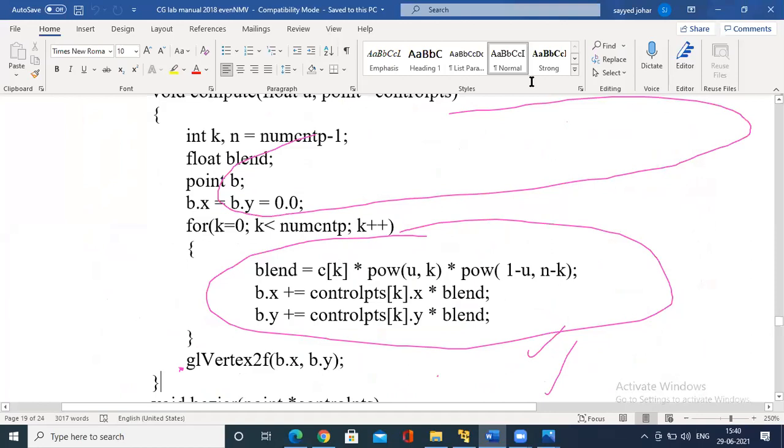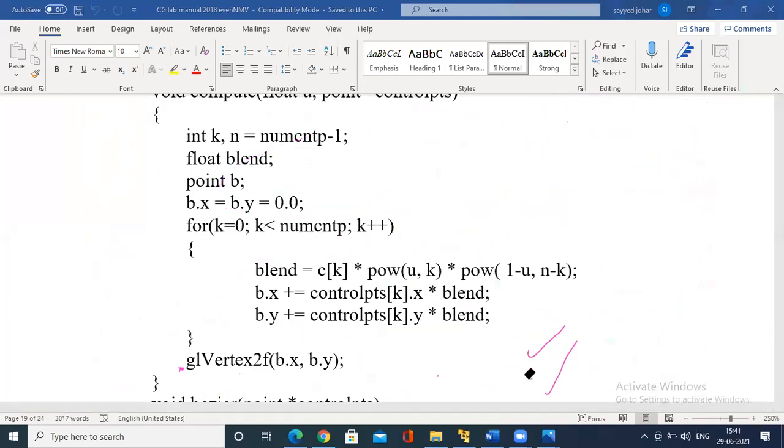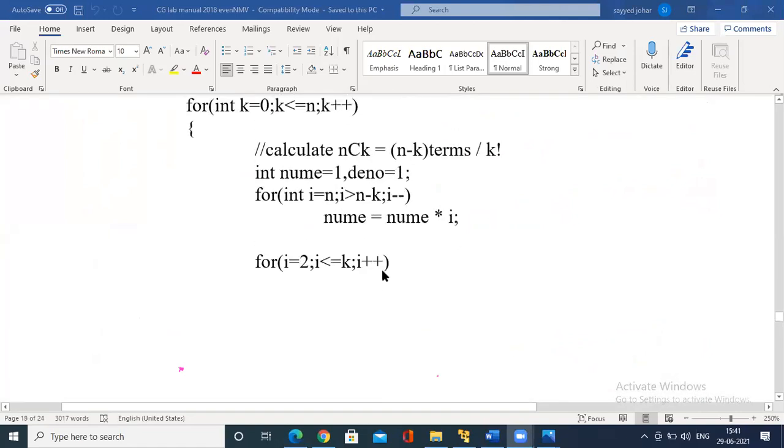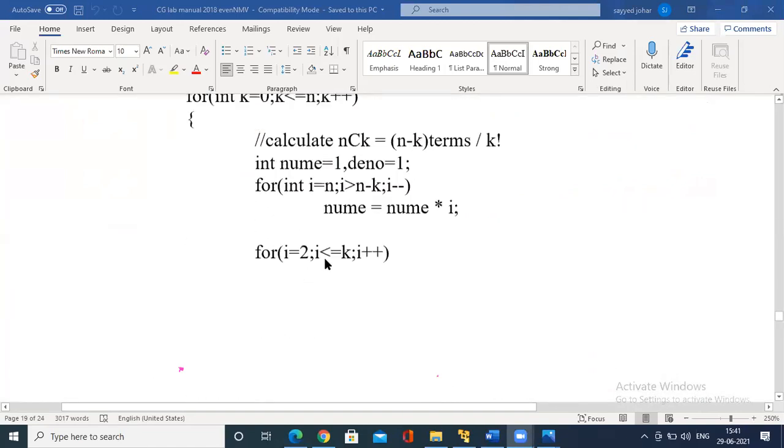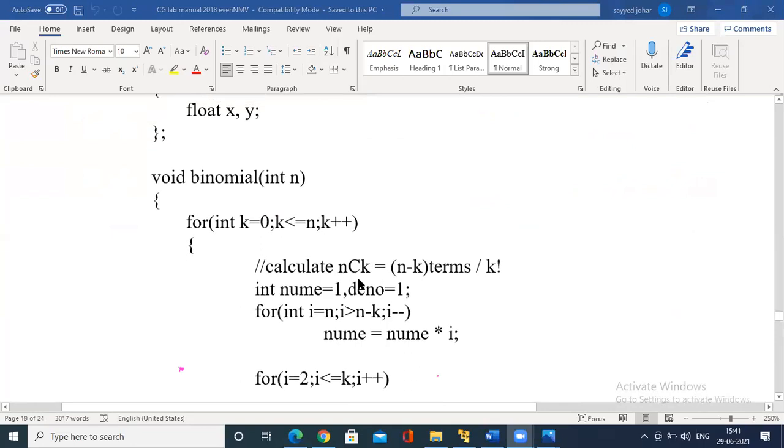So NCK is calculated above using the factorial equations. Using a for loop, use a factorial. Just see this C of k. C of k is a combination, NCR. So NCK is nothing but n factorial by (n minus r) factorial times r factorial.